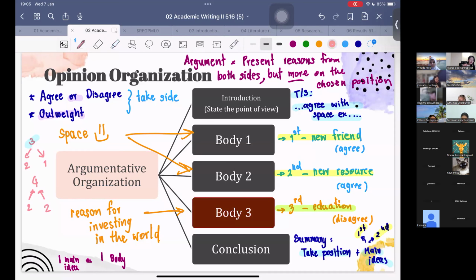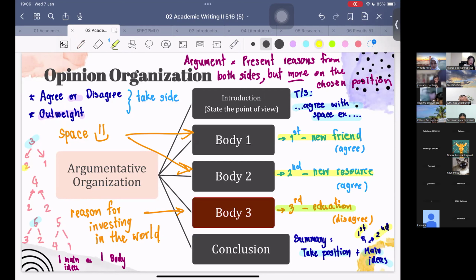If you want to write more than 3 paragraphs for argumentative, yes, you can do it. But it would be better to stick with an odd number. So for 5, you can do 3 reasons from your chosen side and 2 reasons from the opposite side, which is okay. Or you can do 3 reasons from your chosen side and 1 reason from the opposite side.